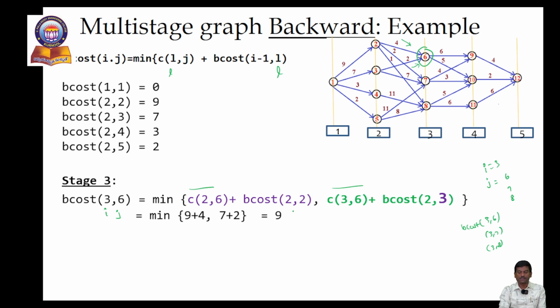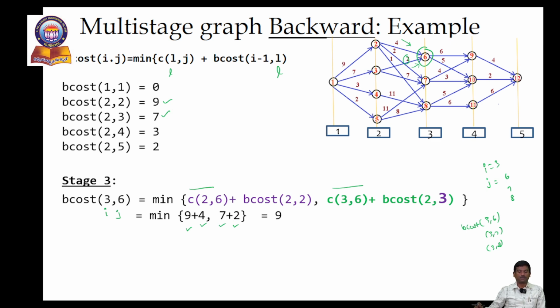So C of (2,6) plus BCost of (2,2), replacing the value of i-1, L, and the next part is C of (3,6) plus BCost of (2,3). Here C of (2,6), from 2 to 6, equals 4, and BCost of (2,2) equals 9, so 9 plus 4 equals 13. For C of (3,6), from 3 to 6 the edge cost is 2, and in the previous step we found BCost of (2,3) equals 7.